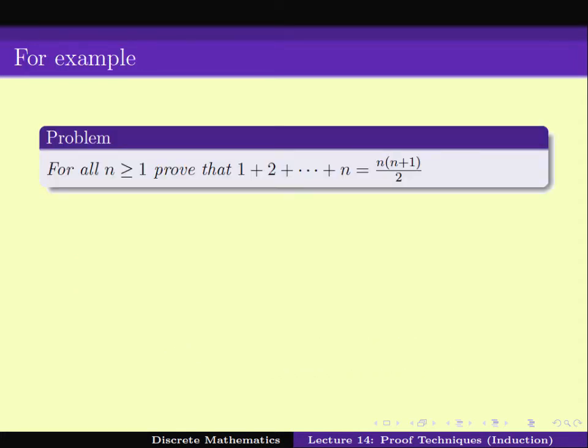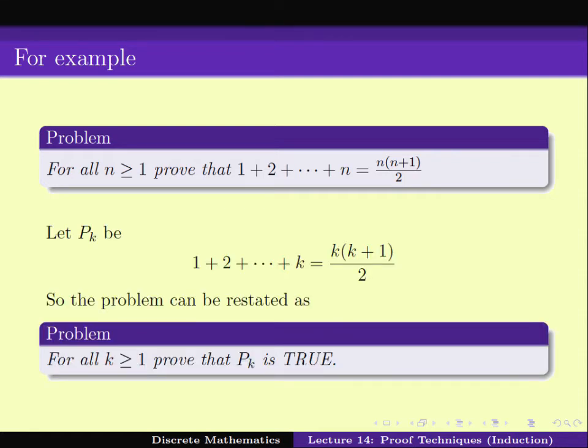Let's look at an example. Consider this problem: for all n greater than or equal to 1, we want to prove that 1 plus 2 plus up to n is n times n plus 1 by 2. Now how do you prove it and what are the smaller statements? Let me define Pk to be this particular statement: 1 plus 2 plus up to k equals k times k plus 1 by 2.